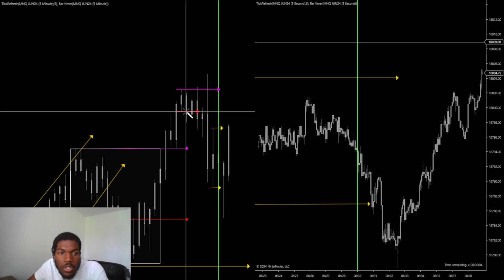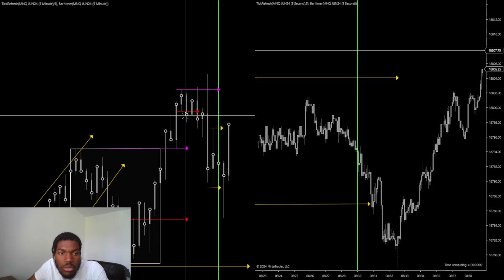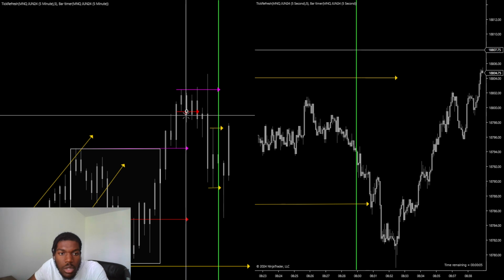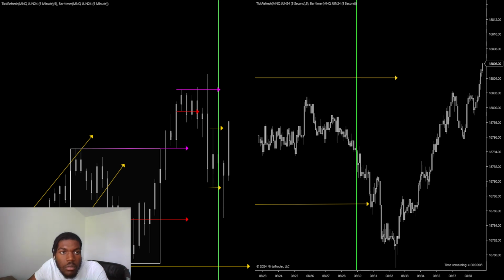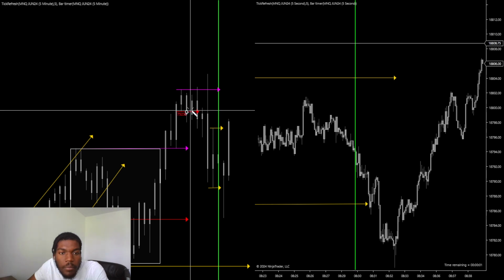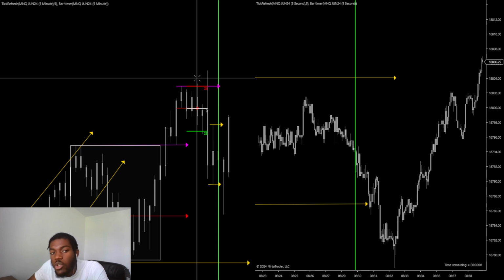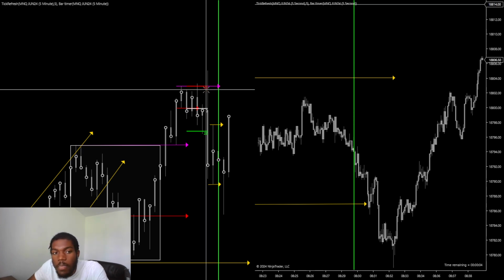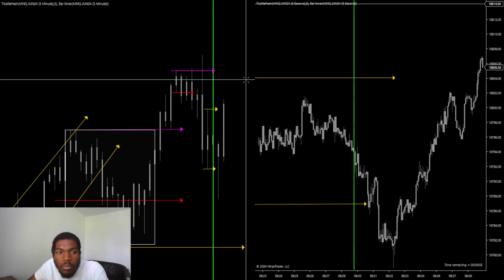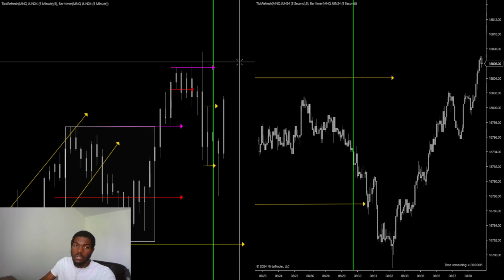Whoever participated in this move got stopped out, but that's what you're looking for. That is why I tracked the last candle.